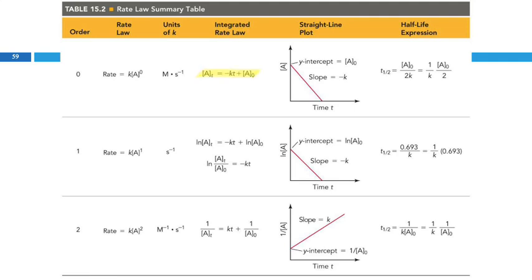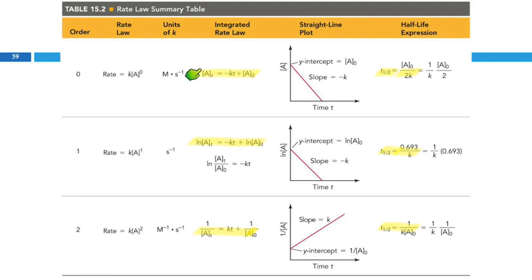I'll give you this and this and this useful information. And I also give you the expression for the half-life.